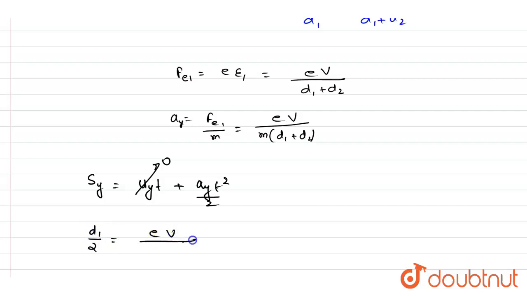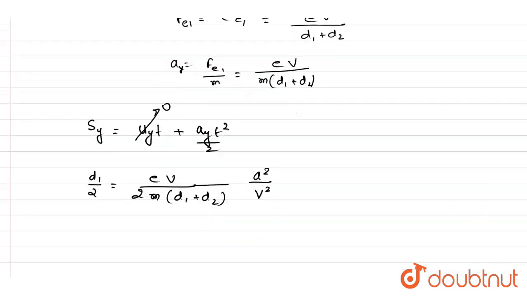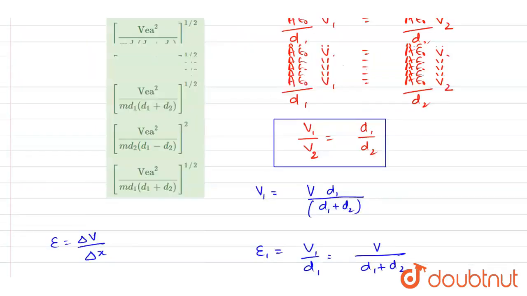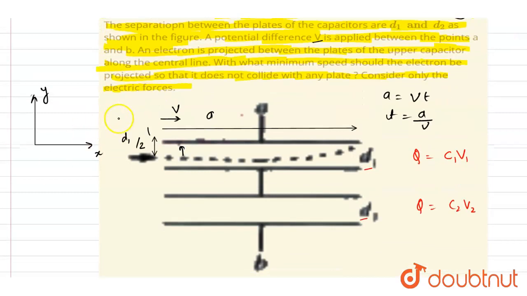Acceleration is this, and t we already calculated, it is a by v. So we want this v, right? Why did we take this distance d by 2? Because the maximum distance that it could travel is d1 by 2 in the y direction.